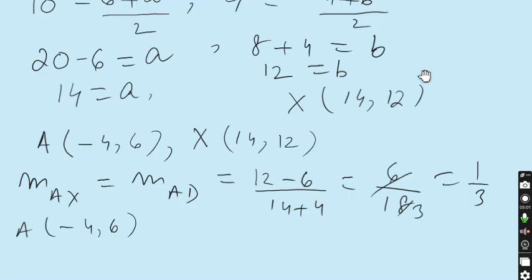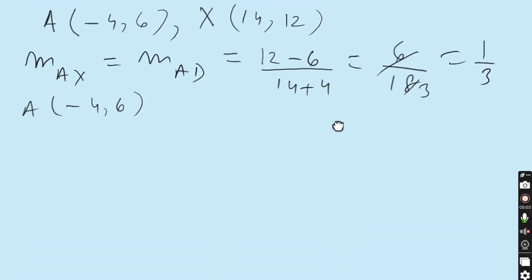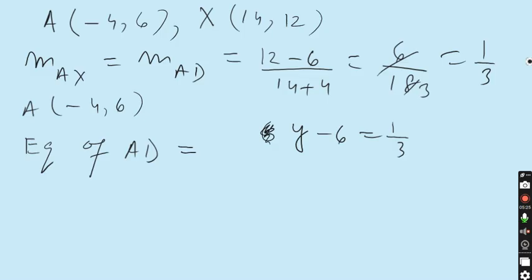Hence the equation of AD is y minus y1 equals the gradient 1 upon 3 times x minus (-4), which is x plus 4.